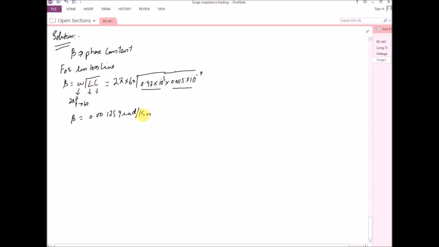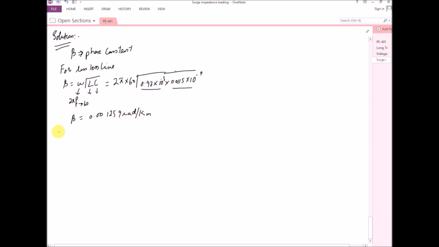But if you take the whole length of the line, this kilometer will not be present in the denominator of the unit, and the phase constant will show you the phase difference between the sending end voltage and the receiving end voltage. But in this case it is just the phase difference between one segment and the other segment, and each segment length is 1 kilometer.